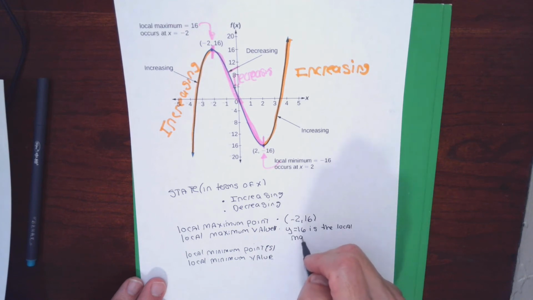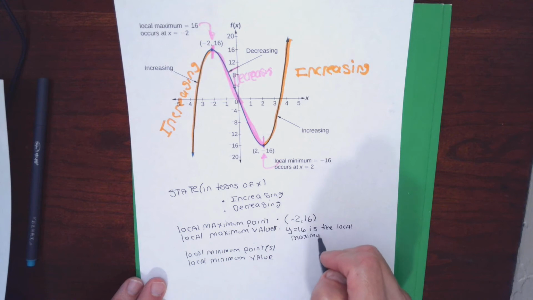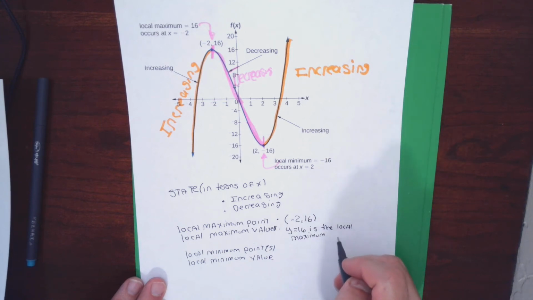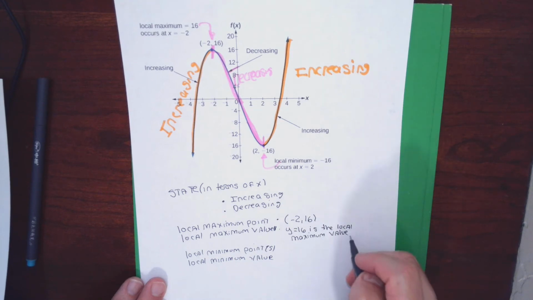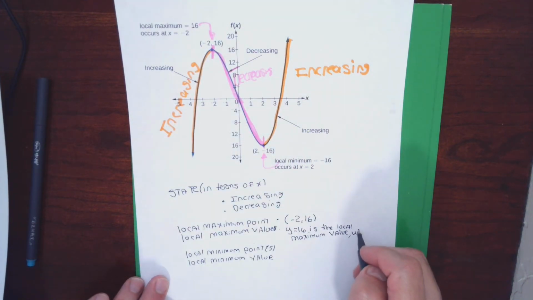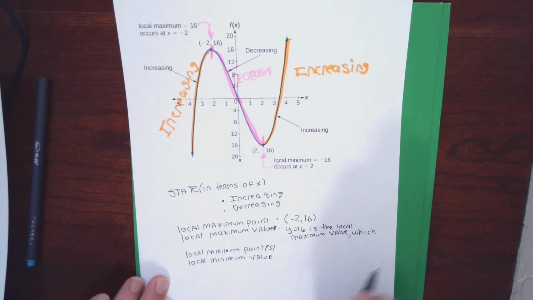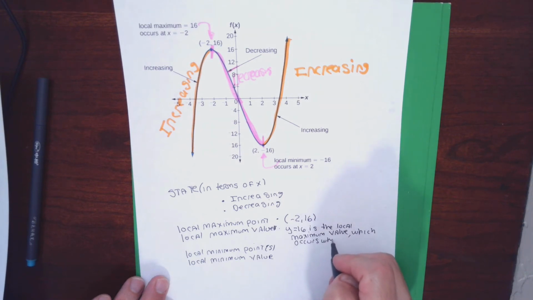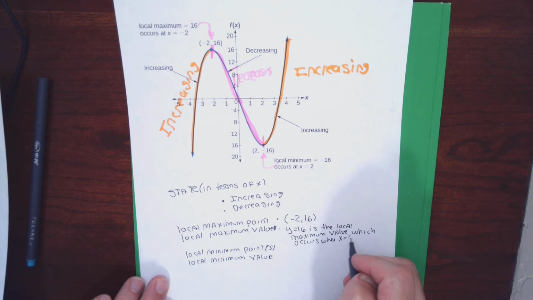I like saying it with y's. The author of this did it lazily, but it's common to do it like that. So y equals 16 is a local maximum value, and we usually tack on a descriptor of the x, and I'll say which occurs when x equals -2.